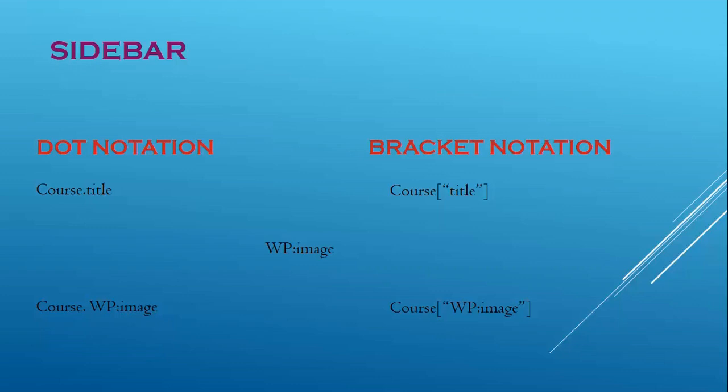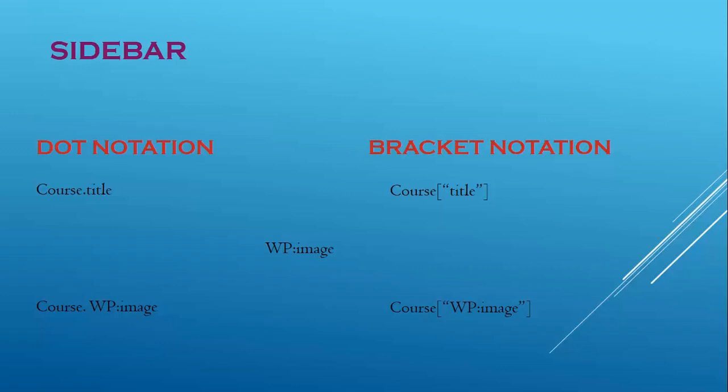Other than this, we use bracket notation in case we have objects from somewhere or we have an operator inside them. Let's say we have WP image as a property. Now if I use dot notation, like course.wp and then colon after that image, JavaScript will generate an error because we broke our property here by using colon.